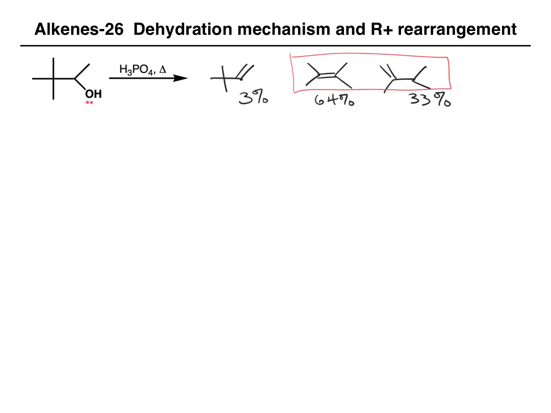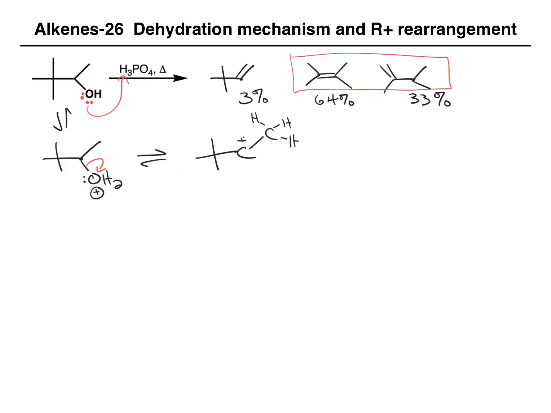So step one, our alcohol is going to grab off a proton from phosphoric acid, and we are going to get this protonated alcohol. In step two, water can leave, and that will give us this carbocation. So keep in mind, we originally had one hydrogen here connected to this carbon as well as the alcohol.